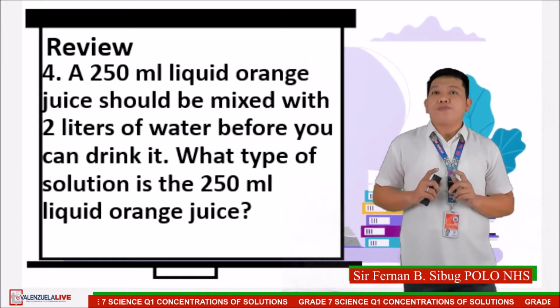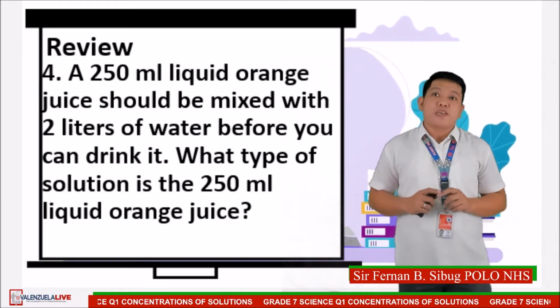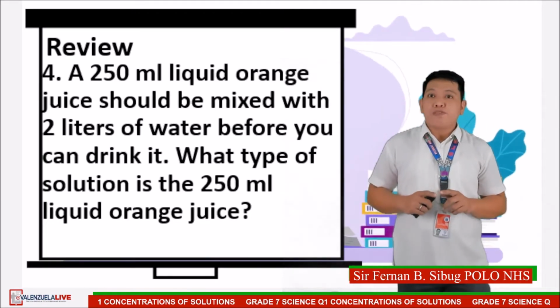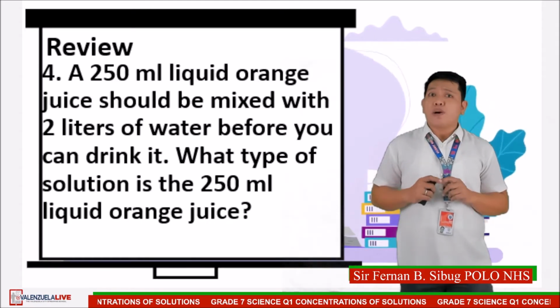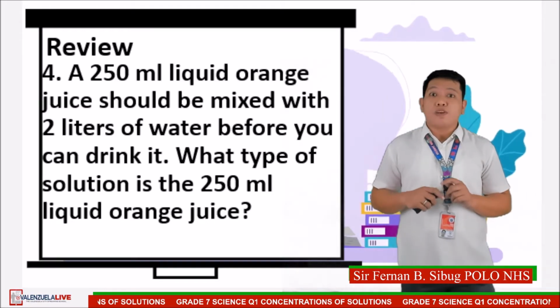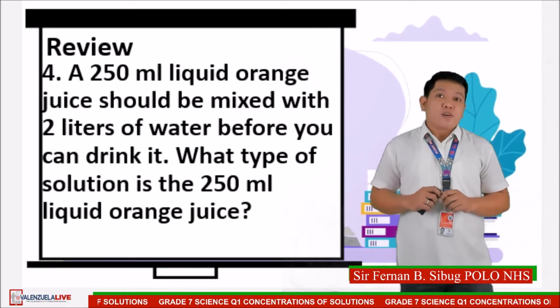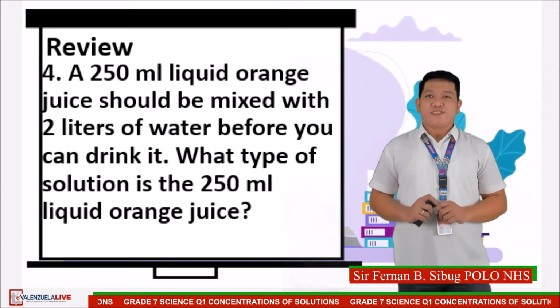A 250 milliliter liquid orange juice should be mixed with 2 liters of water before you can drink it. What type of solution is the 250 milliliter liquid orange juice? Is it concentrated or dilute? Type in your answer.